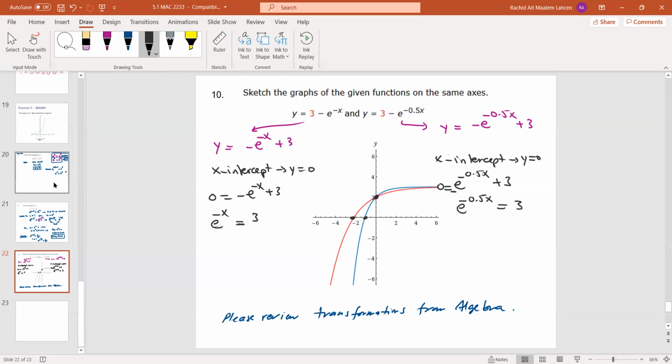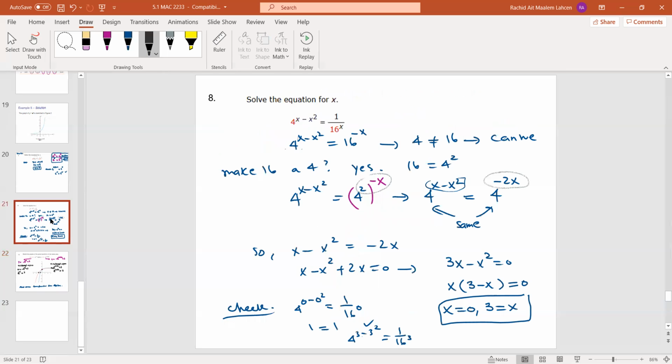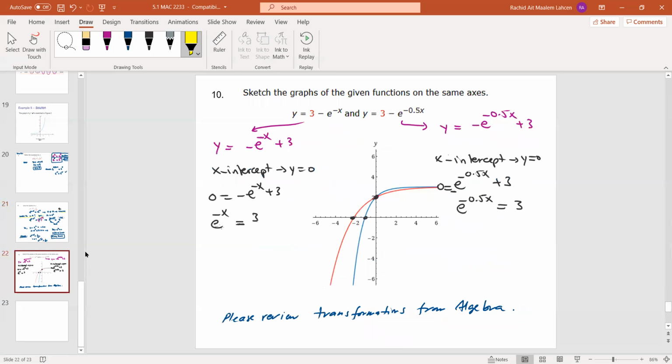Now, the question I asked earlier: can we make 16 a power of 4? The answer was yes. Here the question is, can we make 3 a power of e, or e a power of 3? No. So same question for e and 3, right?